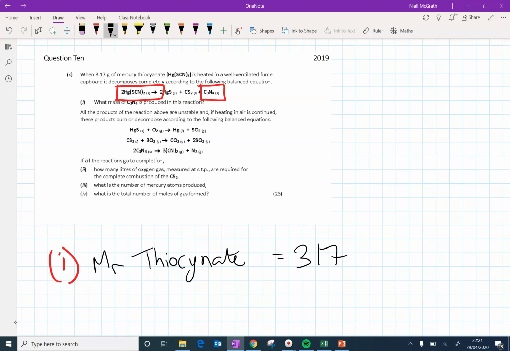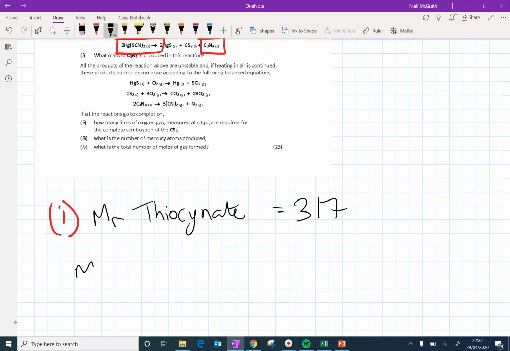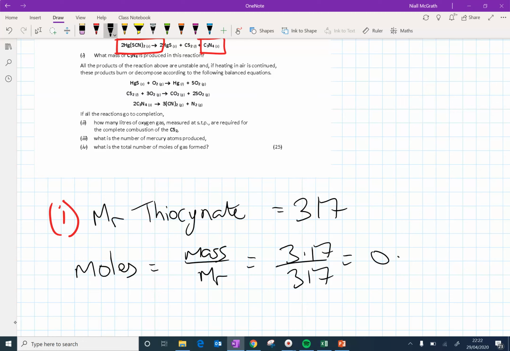The mass we're given in the question is 3.17 grams. So our moles is equal to mass over relative mass, which is 3.17 grams over 317, which is equal to 0.01 moles of our mercury thiocyanate.